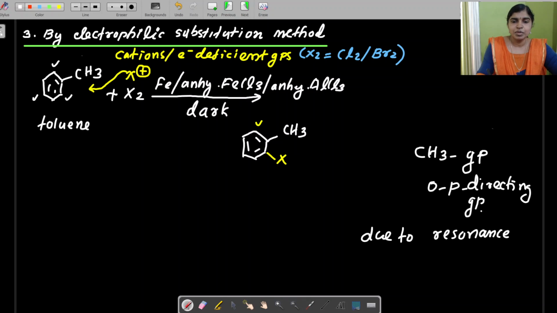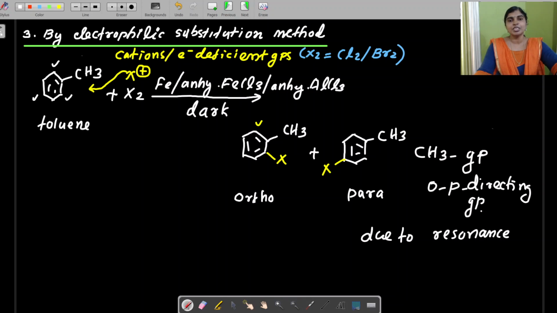And the second possibility, in which the halogen is substituted in the opposite position, that is the 4th position here, that is the para substituted derivative. So this is the ortho halogen derivative and this is the para halogen derivative. So you will get a mixture of products here.